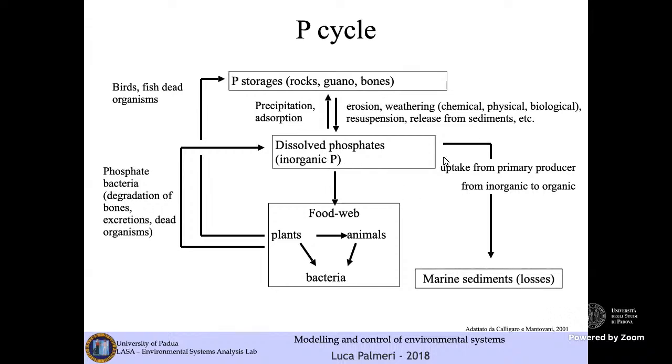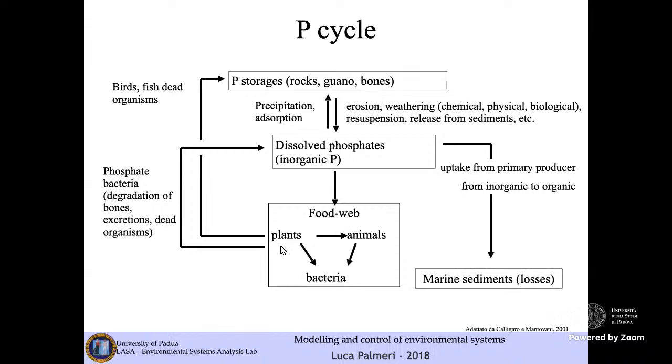The quota in the dissolved part may be taken up by primary producers and may be converted from inorganic to organic. Again, this goes to the marine sediment. If you look at what happens to the dissolved quota, it goes into the food webs.